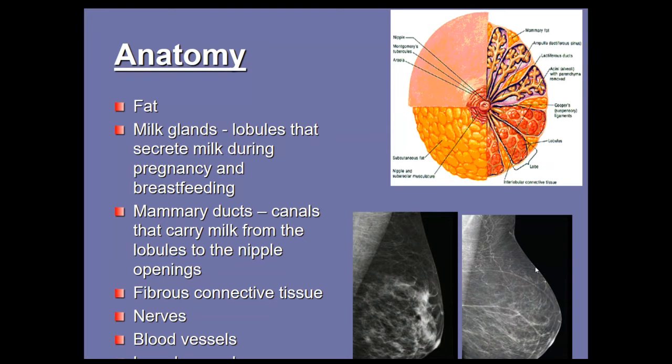You can see the skin. This white line, the outer white line, is the skin. Inside you can see there are some gray structures and there are some black structures. As all of you know from my first lecture, I told you that there are different densities on X-ray.